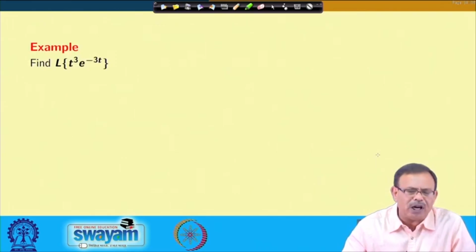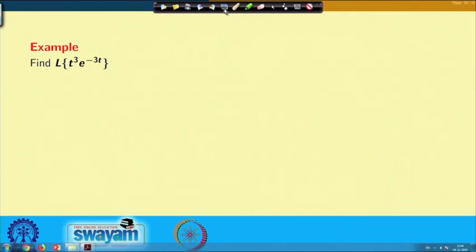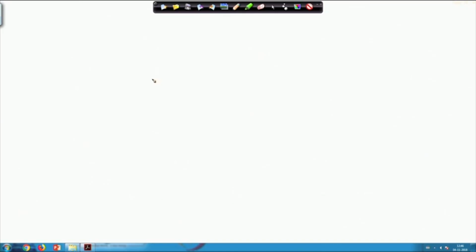We want to find out the Laplace transform of t cube into e power minus 3 t. So, we know the Laplace transform of t power n, that is, factorial 3 by s to the power 4, or in other sense this is equal to 6 by s to the power 4, factorial 3 is 6.